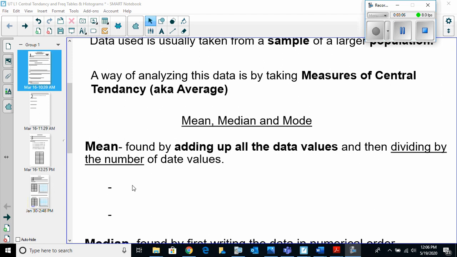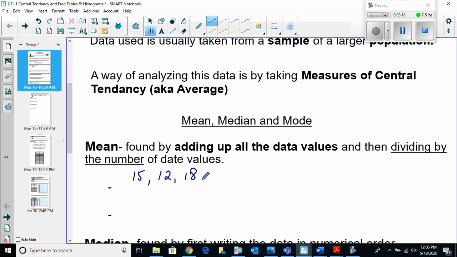So let's suppose that the data you have collected is this one here: 15, 12, 18, 19, 18 again, 15, 20, 21. It doesn't really matter where those data are coming from.